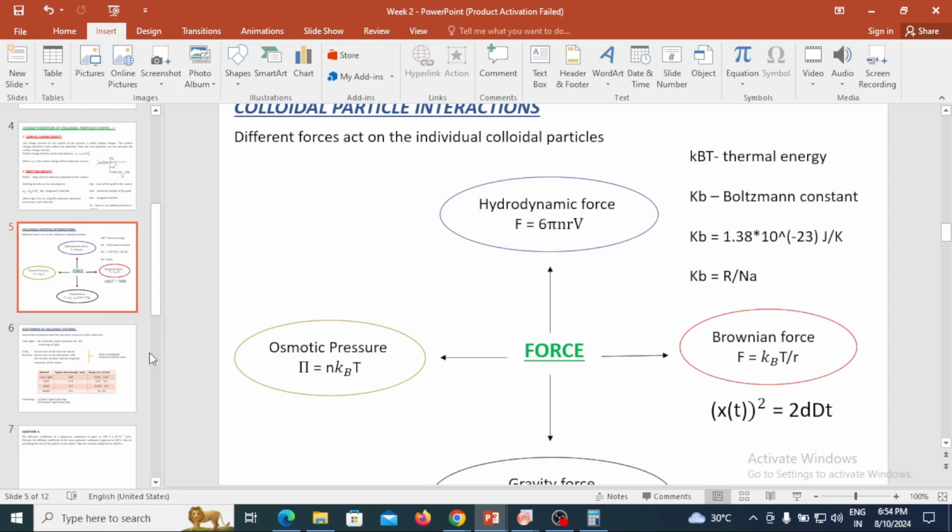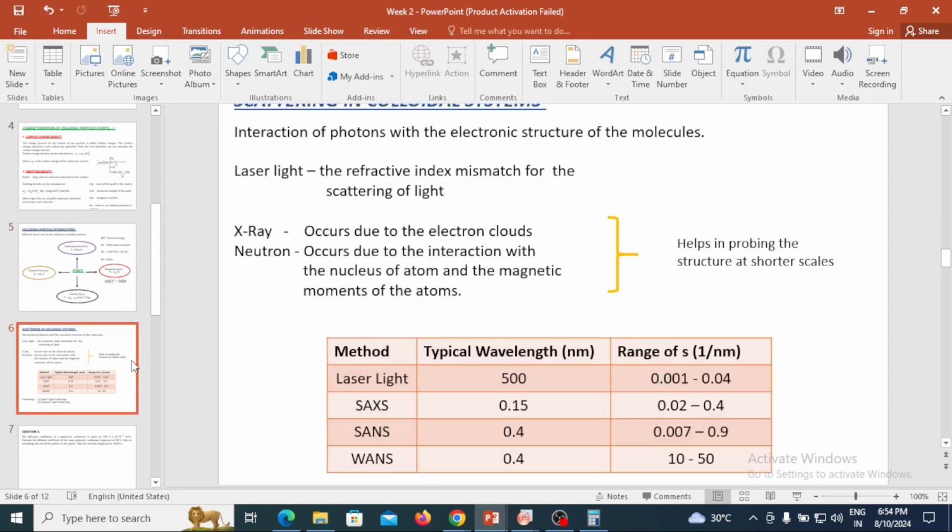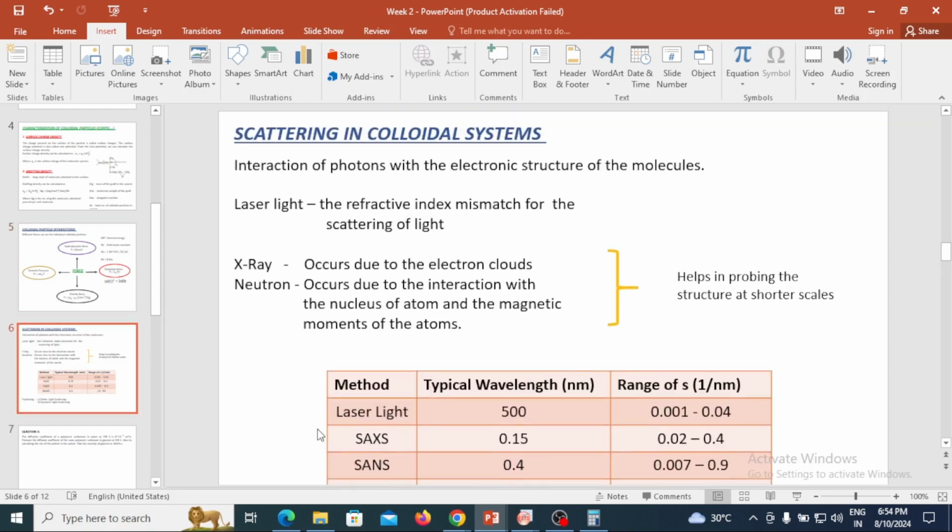Now we come to the part of scattering in colloidal systems. When you pass any kind of X-rays, neutron rays or light rays, the photons present in those rays interact with the electronic structure of the molecules, and that is what we are able to record as scattering in the colloidal system.